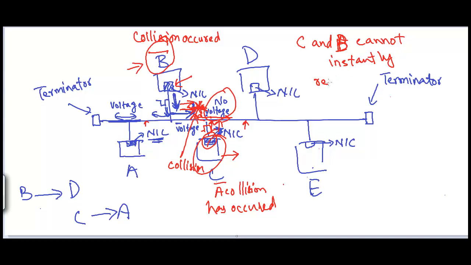retransmit, because if they instantly retransmit, there is going to be a collision once again. Both of these are going to try and transmit all of a sudden, and they are both going to sense the bus and see no voltage on this bus, and they are going to instantly retransmit their messages, and once again a collision will occur. So C and B cannot instantly retransmit.